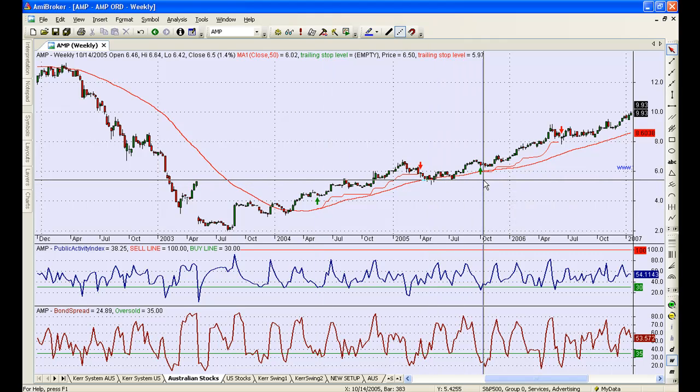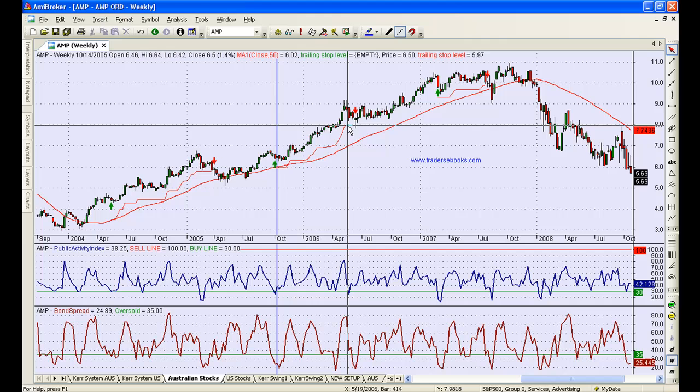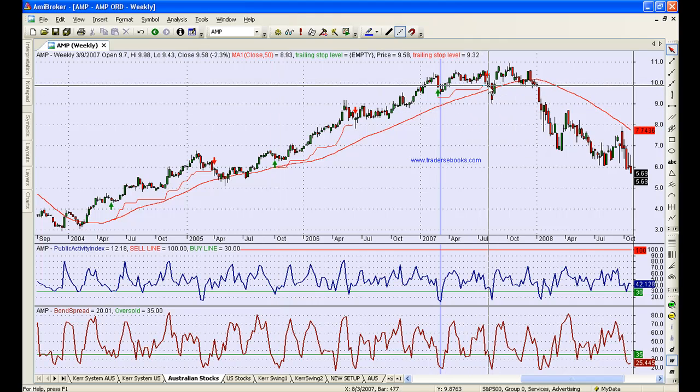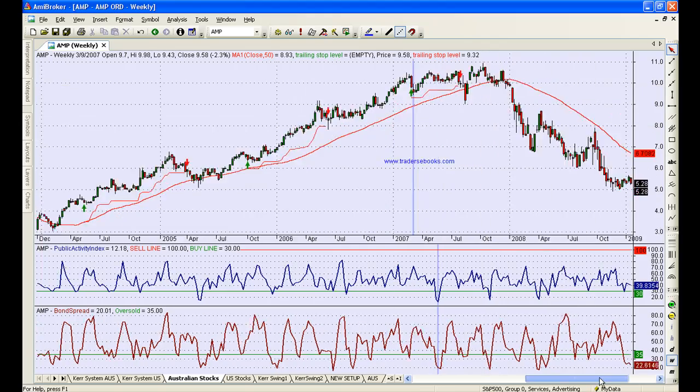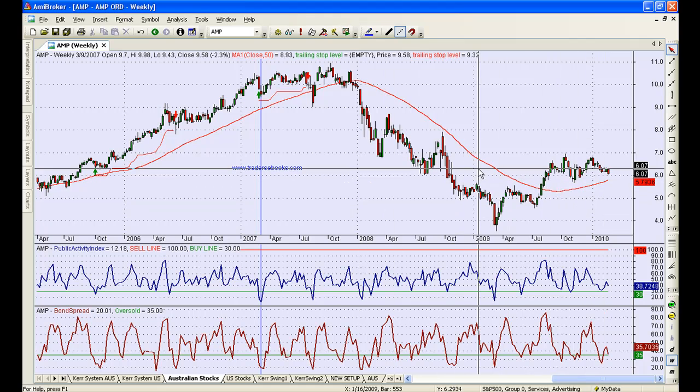And here we start at 6.46, and we go, this is in 2005, all the way up to $8. We have another trade here. We go from 9.70 to about 9.88, which is not a great trade. And then we're out of the market. We haven't got back in the market since.